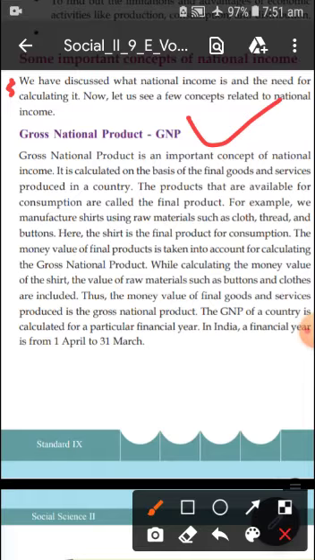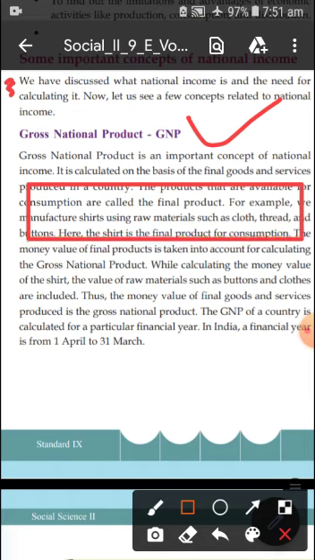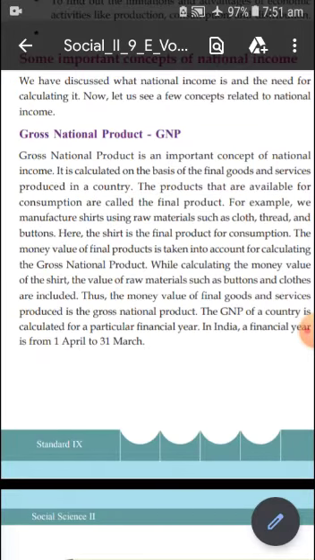So you write what is GNP. Example also you can write.